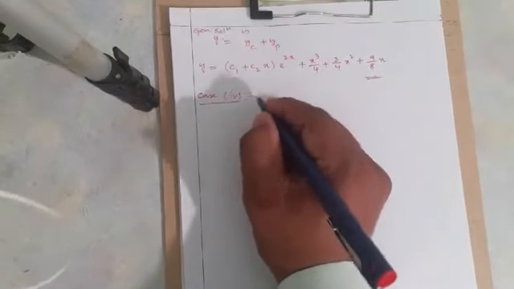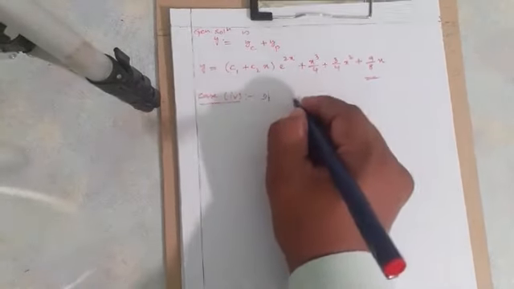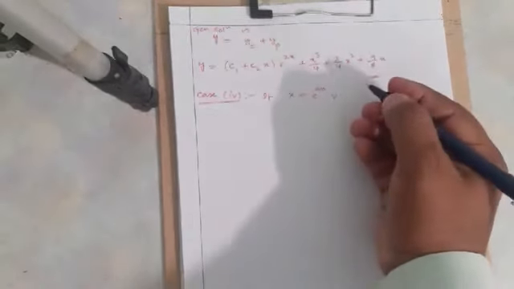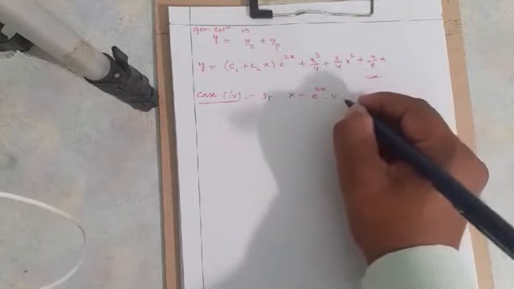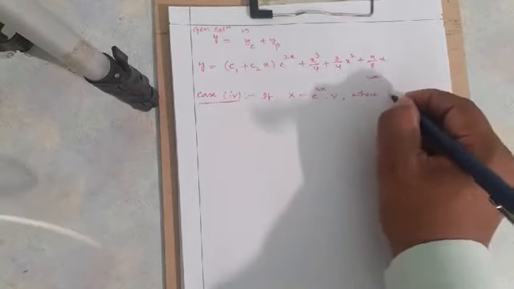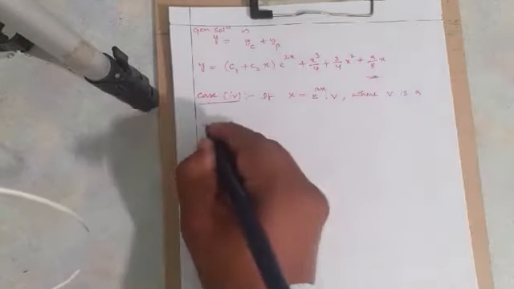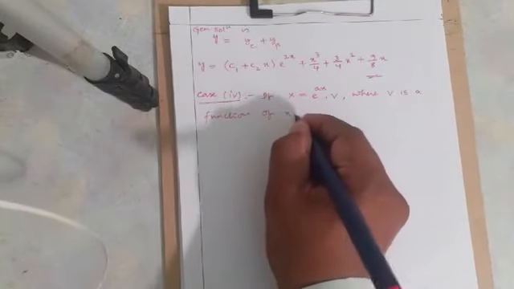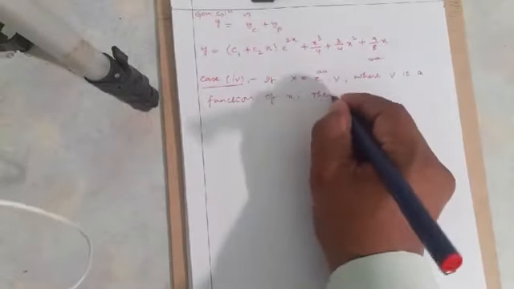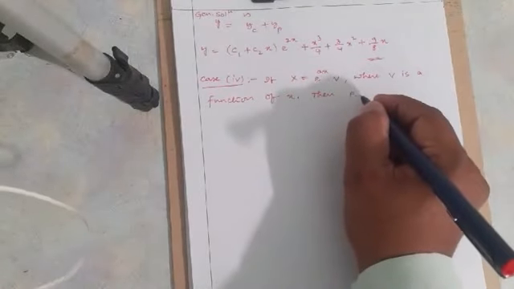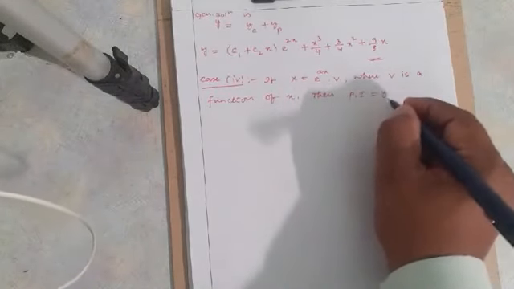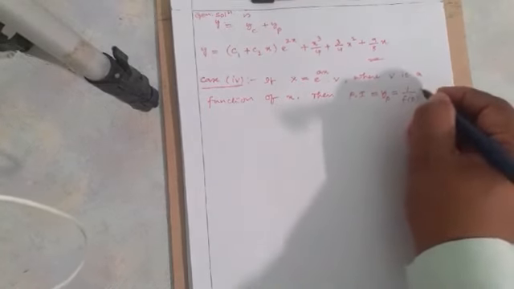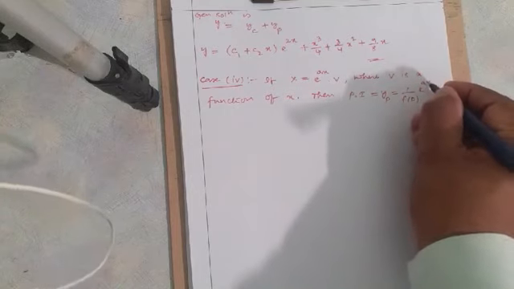Now case 4 is: if capital X is equal to e power ax into v, where v is a function of x, then the particular integral will be of the form yp is equal to 1 upon f of d, e power ax into v.